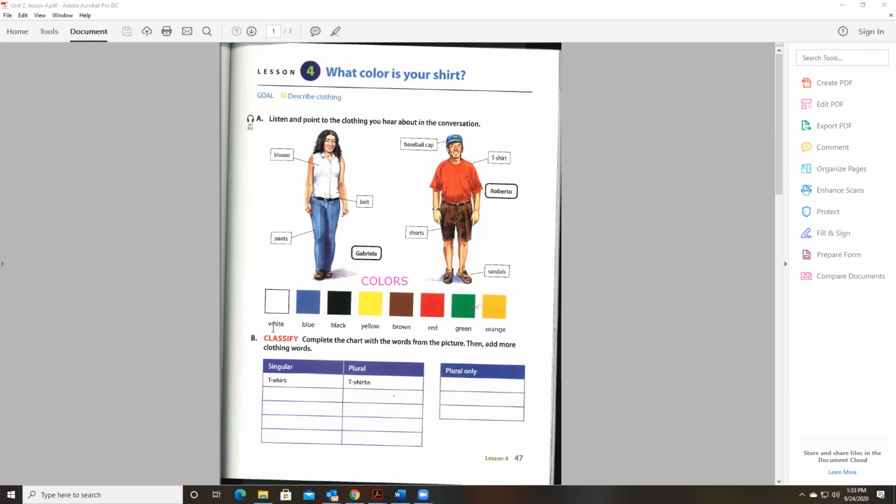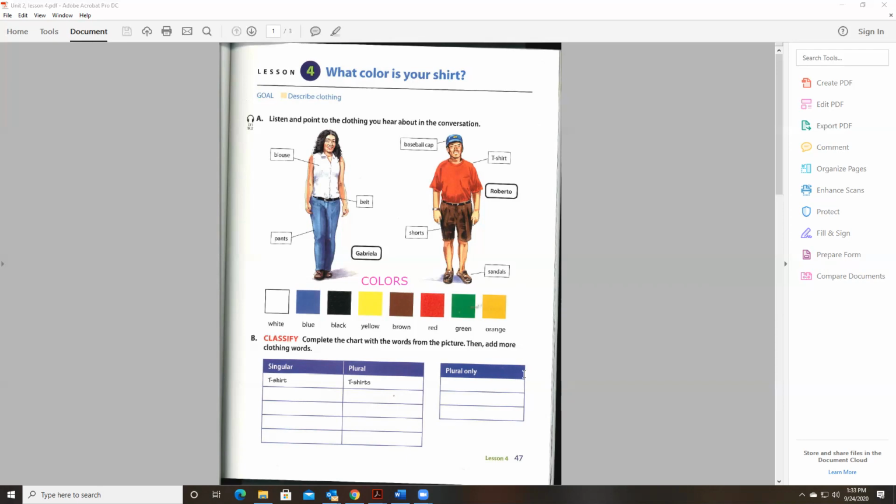White, blue, black, yellow, brown, red, green, and orange. Okay.